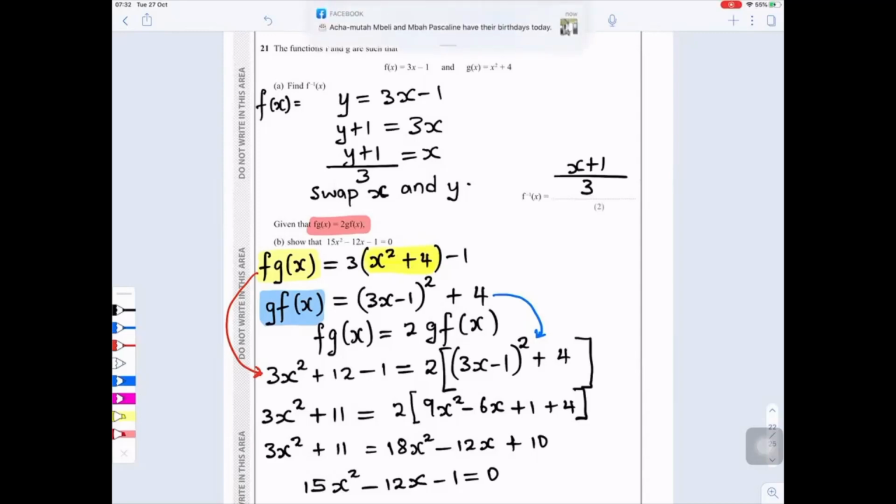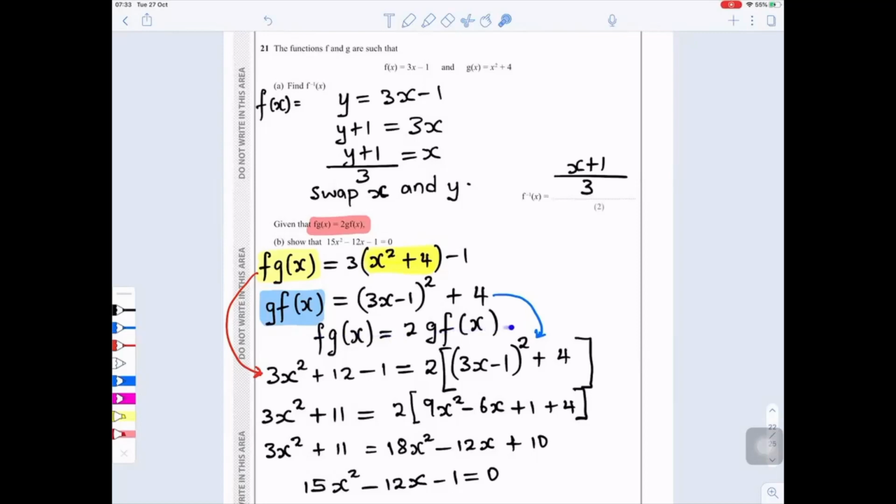That would give you 3 bracket x squared plus 4 minus 1. For gf of x, we take f of x, which is 3x minus 1, and replace the x in g of x. So 3x minus 1 takes the place of x, and that becomes 3x minus 1 all squared plus 4.